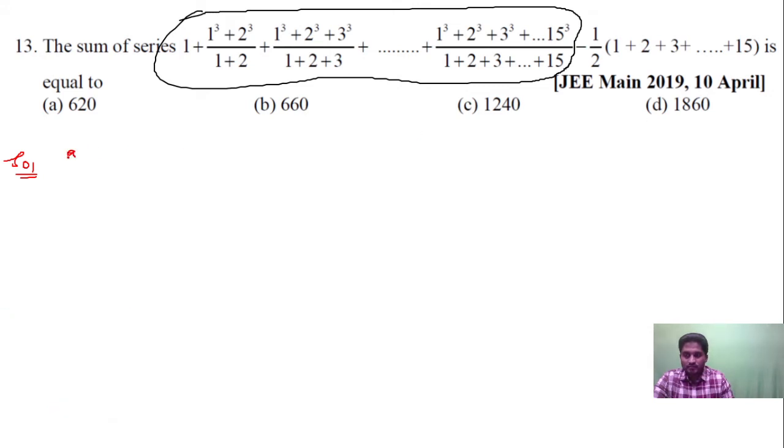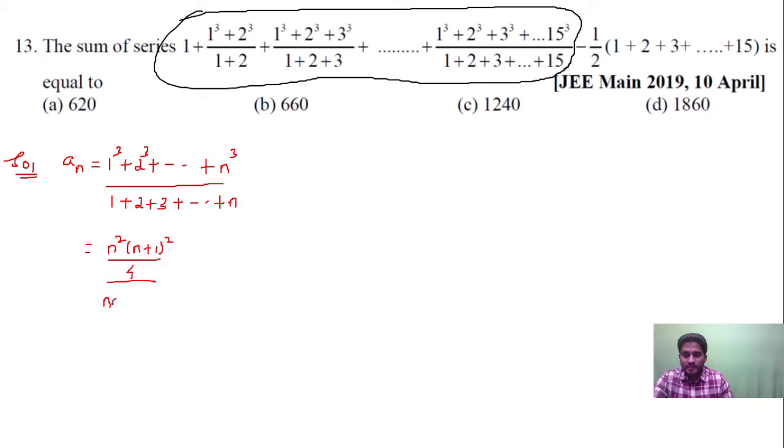The nth term an is equal to 1 cube plus 2 cube and so on up to n cube, divided by 1 plus 2 plus 3 and so on up to n. So this will be equal to n square into n plus 1 the whole square divided by 4.